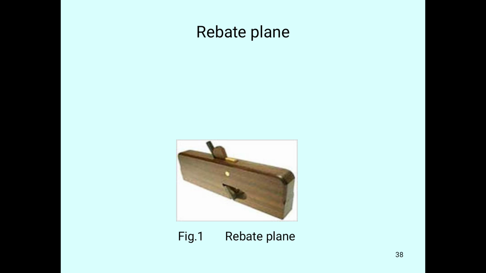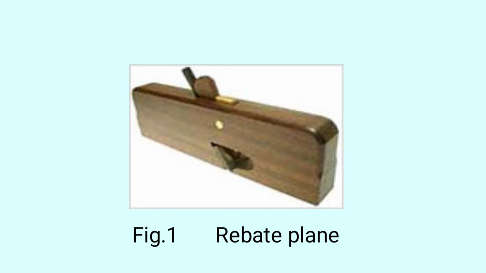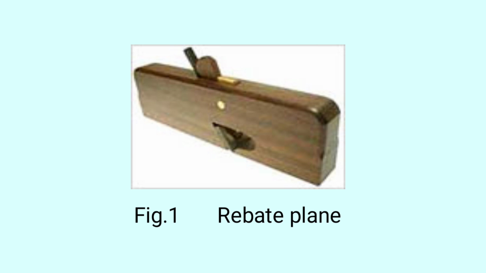This will be the diagram of a rebate plane. We can observe the figure here, so I will zoom it. For this type of plane there is no handle and knob.